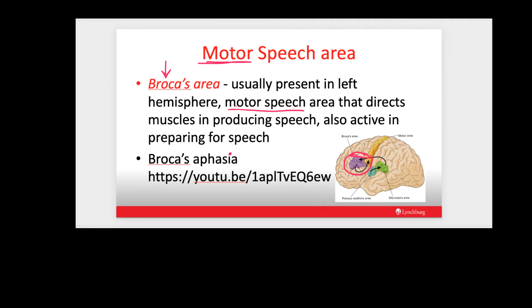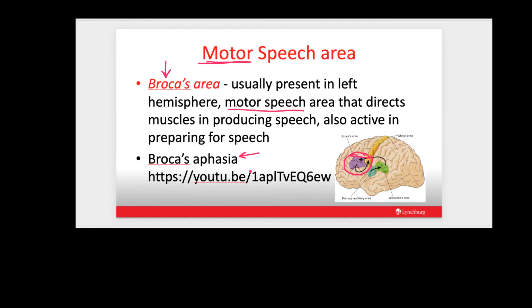If you have a patient who had a stroke and this area was affected, they could end up having Broca's aphasia. And aphasia is just difficulty with speech. I give you a link here to a patient example of a young patient who had a stroke with resultant Broca's aphasia. I would encourage you to watch that because it is really interesting.